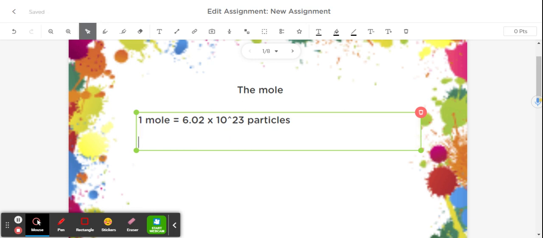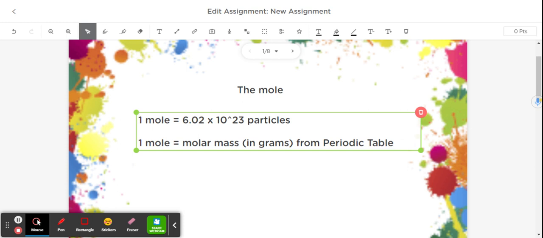The other thing we talked about in class is that 1 mole is equal to the molar mass in grams, and we get that molar mass from the periodic table. It's the decimal number that's also listed as the average atomic mass. These are some conversion factors that we can use.